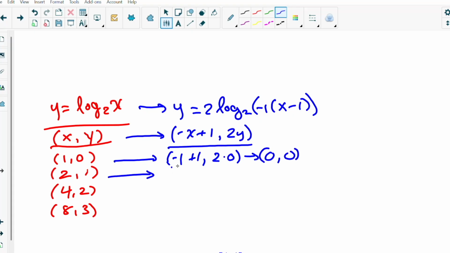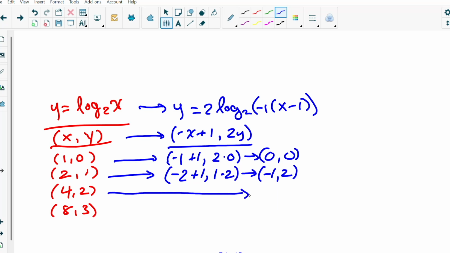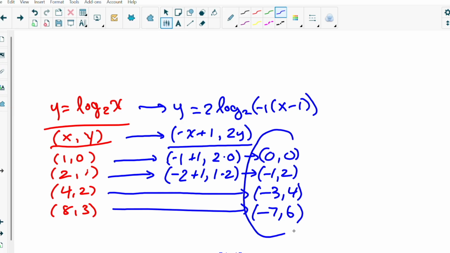Okay, next one, -2 plus 1, comma, 1 times 2, and that becomes -1, 2. Okay, so you got the idea. So I'm going to transform the rest here: -3, 4. And this one is -7, 6. Now take all of these points, go back and graph it.